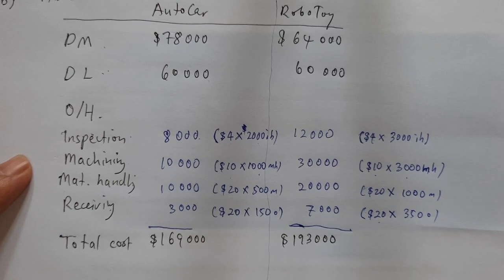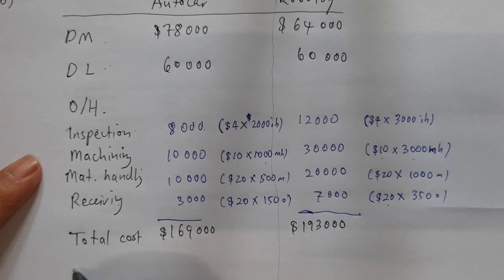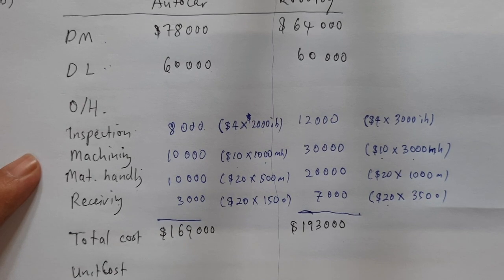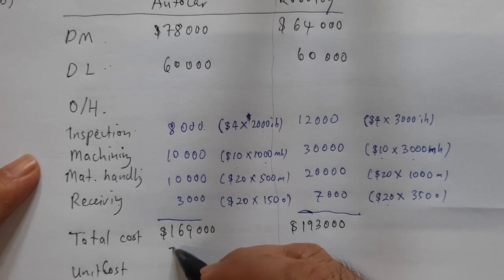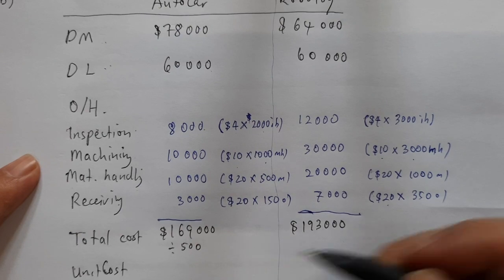Okay, so now the question asks you to calculate unit cost. So how to calculate unit cost, or cost per unit? Divide by the number of products completed. So this one, divide by 500 because 500 units of AutoCAD have been completed.